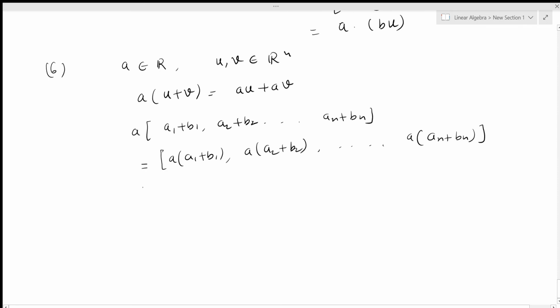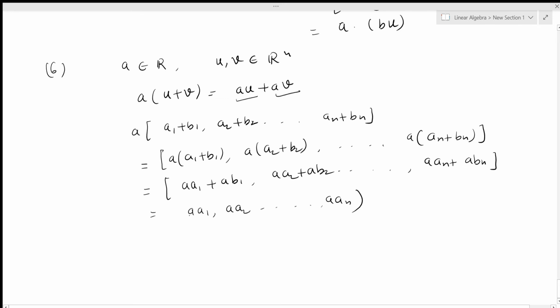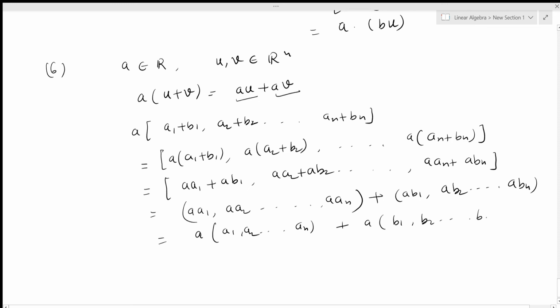So now we have to show this thing. So we can multiply A A1, A B1, A A2 plus A B2 and so on A An, A Bn. So now we can separate A A1, A A2 and so on, A An plus A B1, A B2, then A Bn. Now we can take A outside, A1, A2, An, A outside, B1, B2 and Bn. So this is your U and this is your V. So now this property is also satisfied.